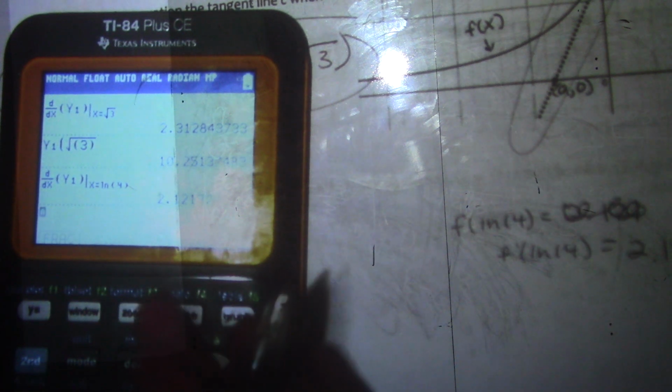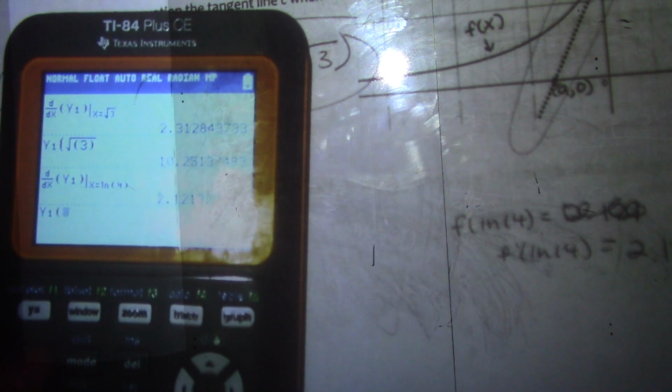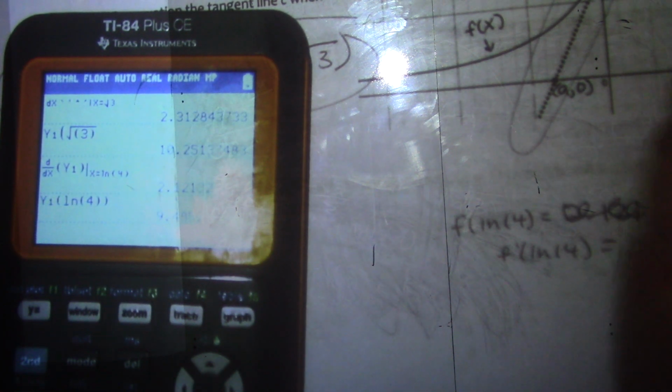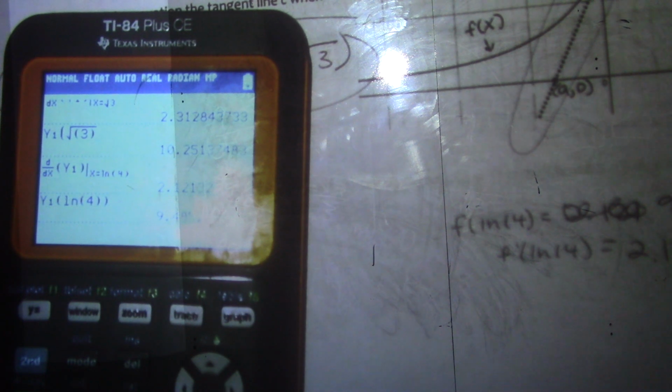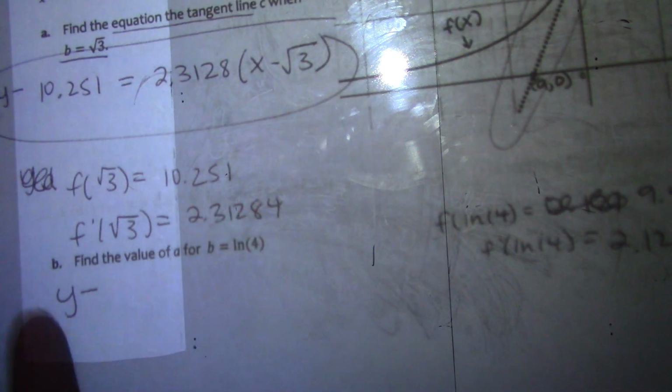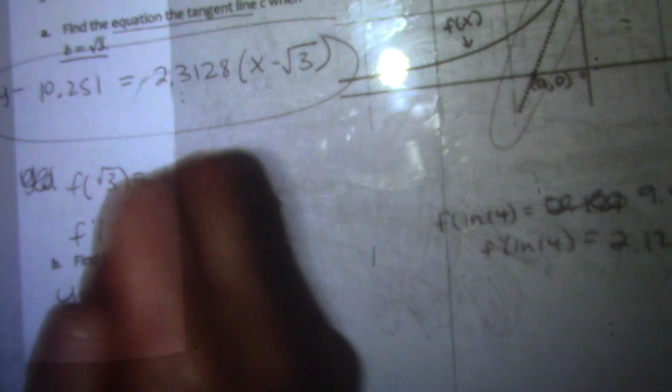And now I'm finding the y value, not at root 3, we're doing natural log of 4. Okay. So my equation is y minus 9.485 equals slope of 2.121 times x minus natural log of 4.